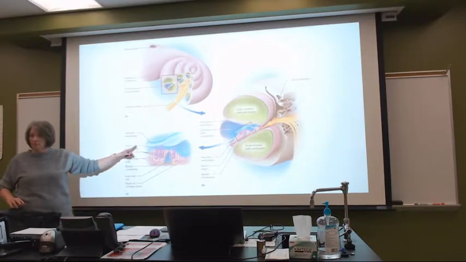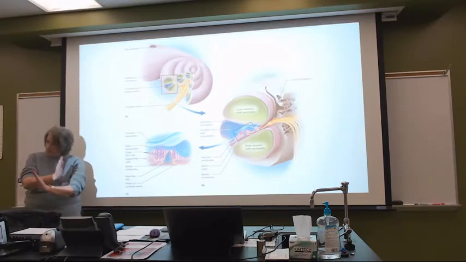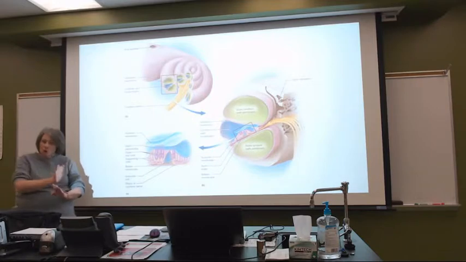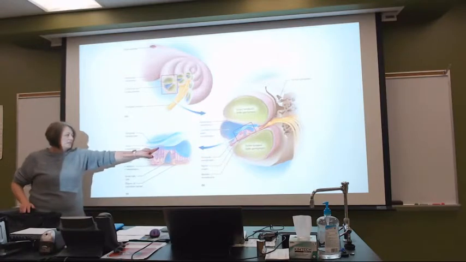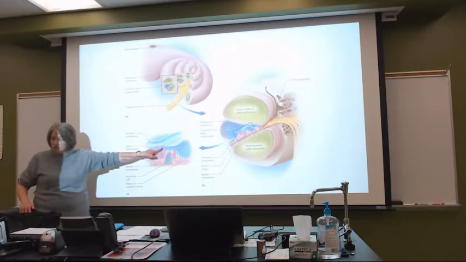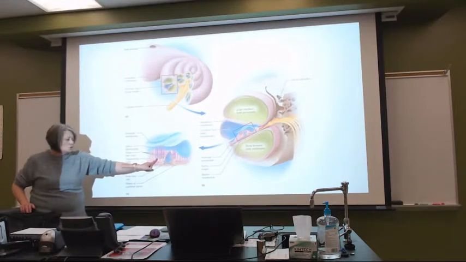Is everybody with me? So that fluid gets to push on those cilia. When it does, because of their structure, what do you kind of note about the number of cilia to one cell?